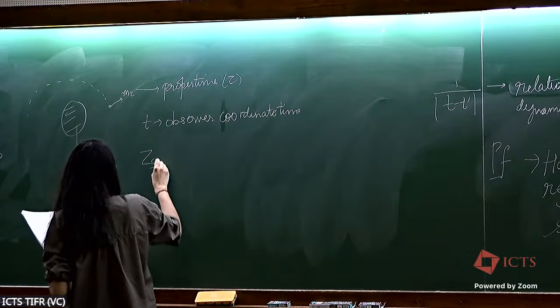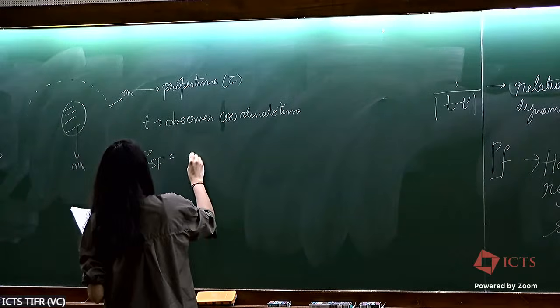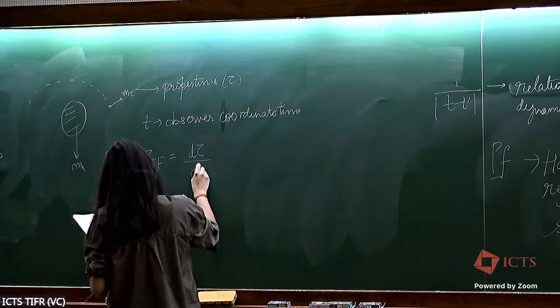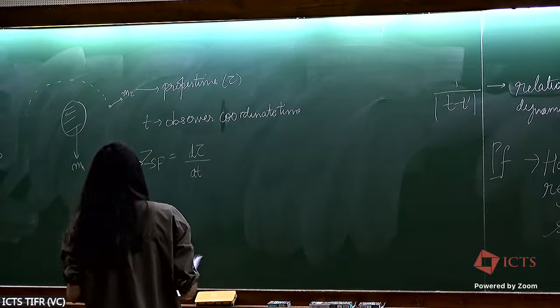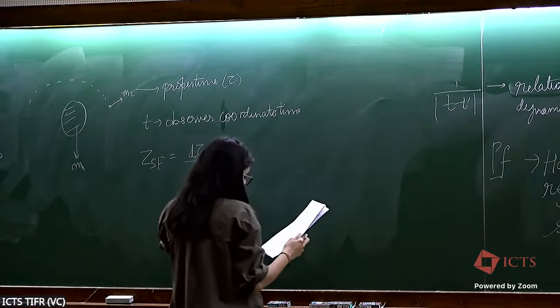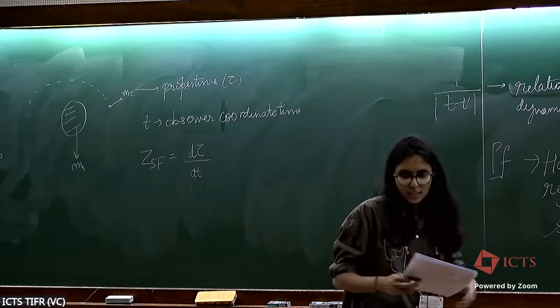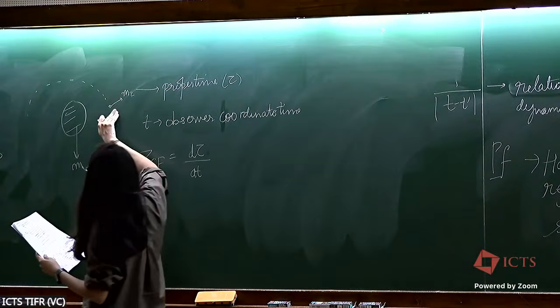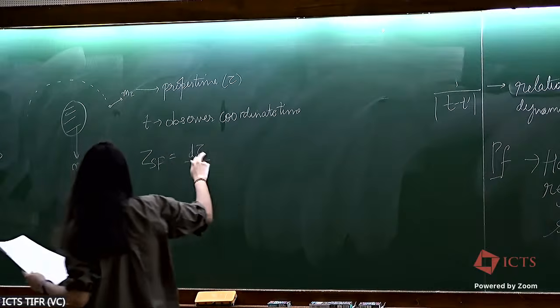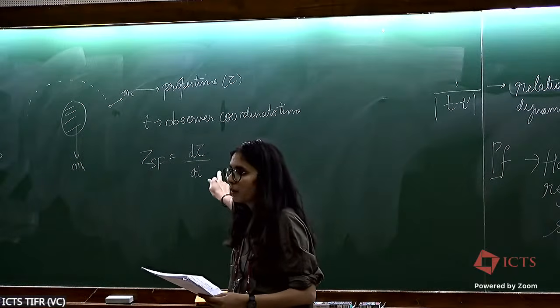The redshift is d tau over dt. And this tau would be less compared to t, because this particle is in a deep gravitational potential well. So the clock, or the proper time, would be less compared to the coordinate time.